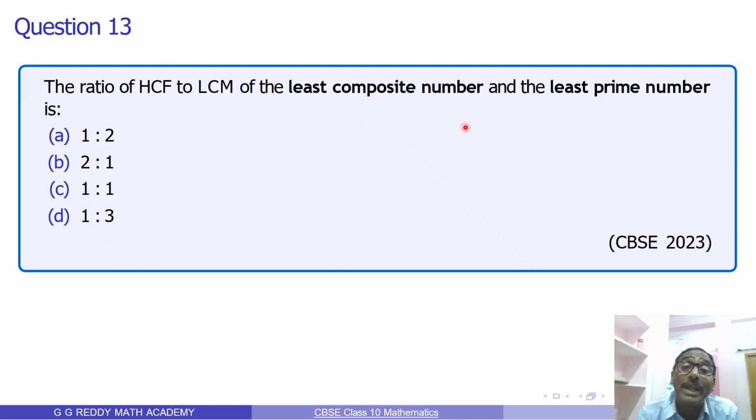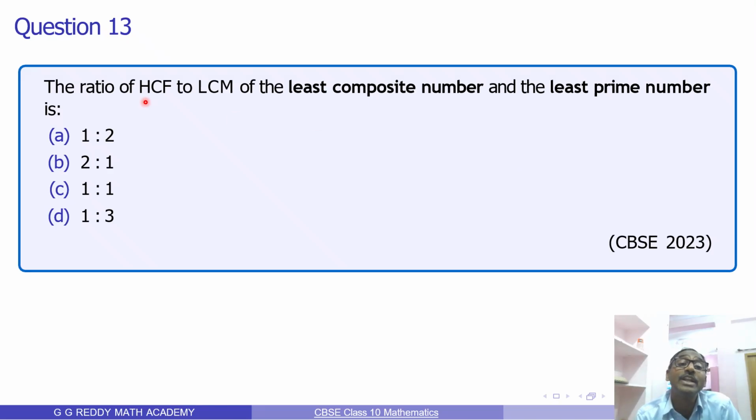Next you have to find the LCM of that least composite number and least prime number.